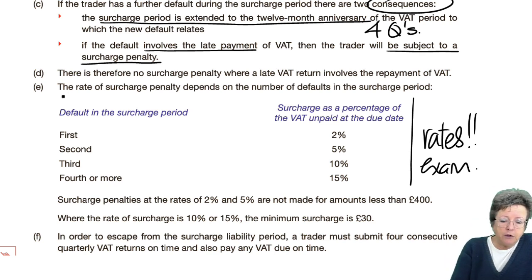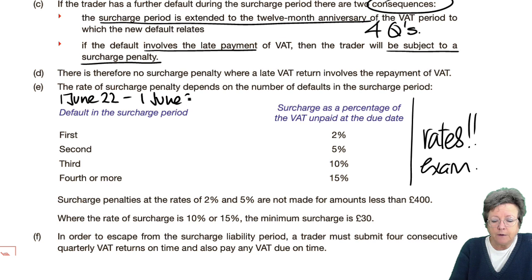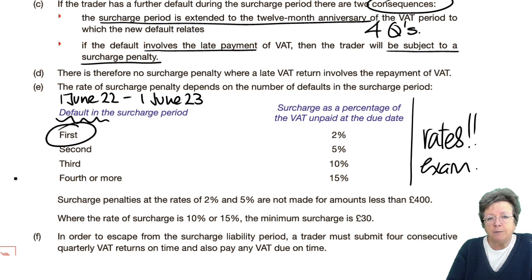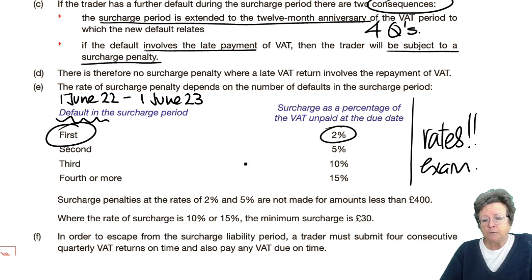So you missed one and it starts on the 1st of June, say 22, and it goes to the 1st of June 23. If during that period of time you make a default and it involves non-payment of tax, you'll be charged 2% on the VAT unpaid. If you keep doing it, obviously the percentages will go up.